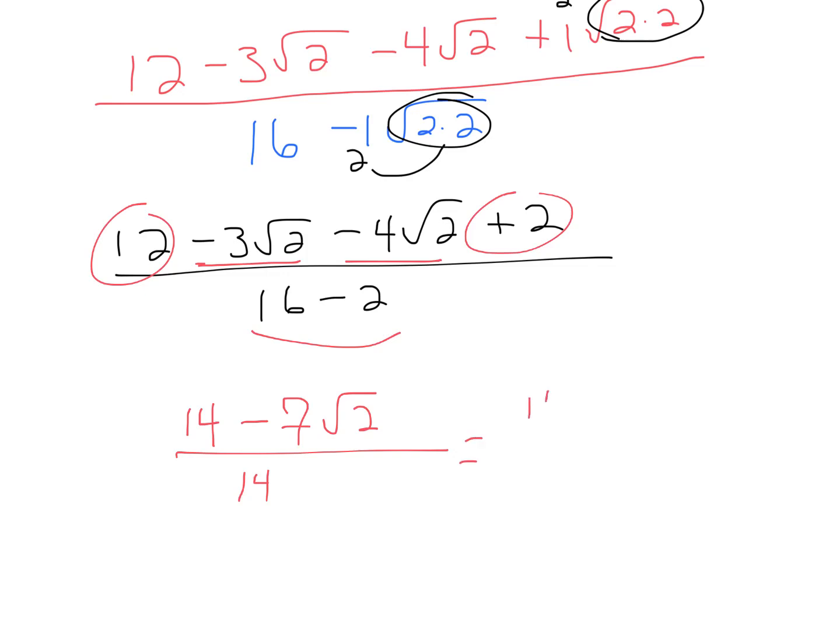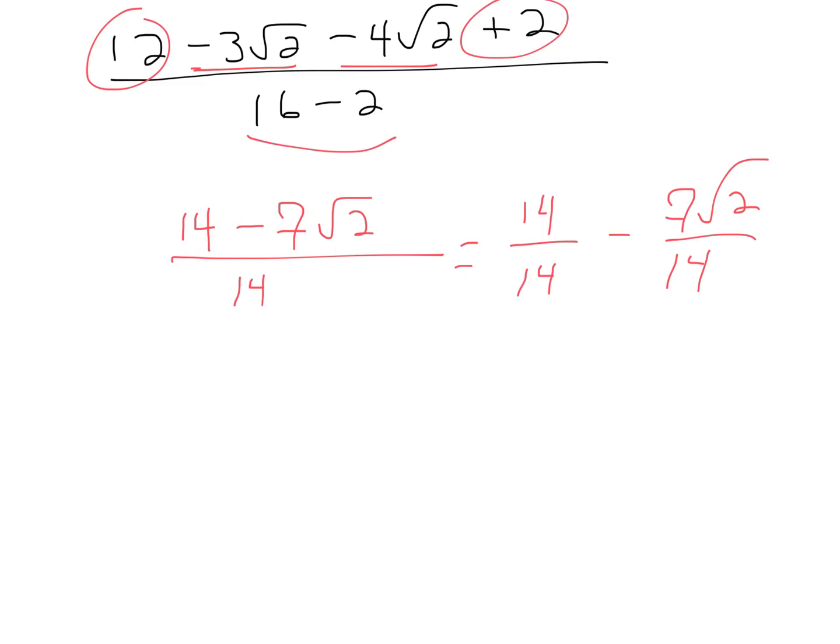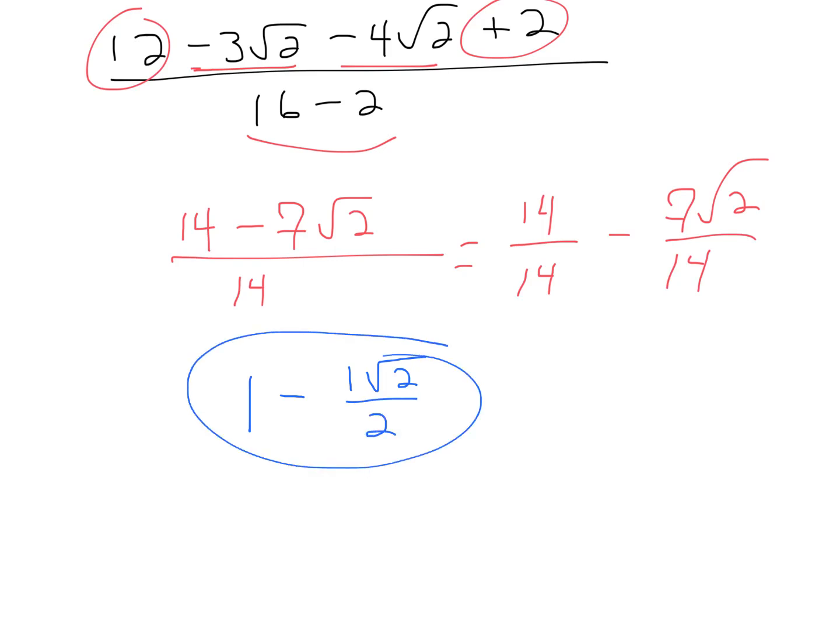Alright, let's try to reduce. 14 over 14 minus 7 radical 2 over 14. Reduce: 14 over 14 is 1, minus, 7 over 14 is 1 radical 2 over 2. And there's that one.